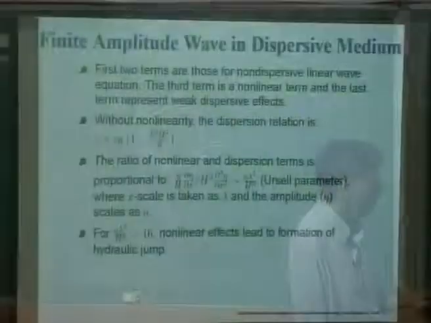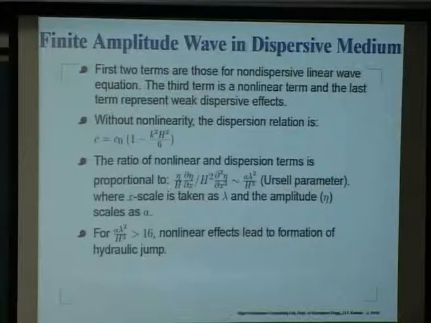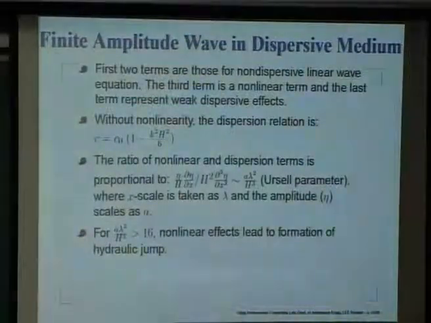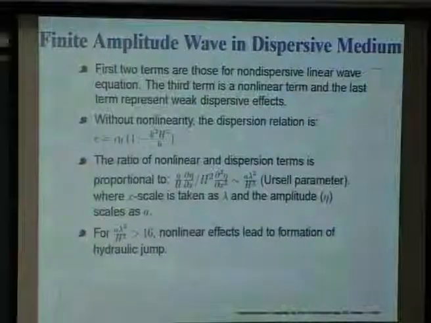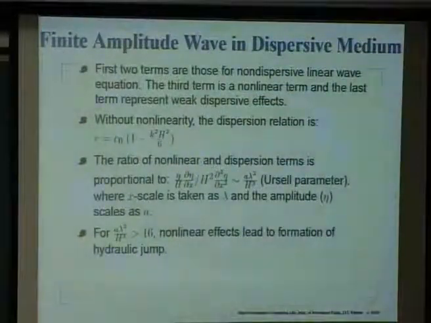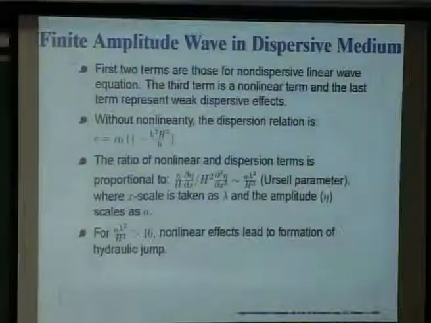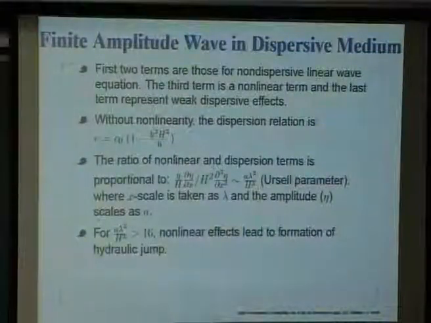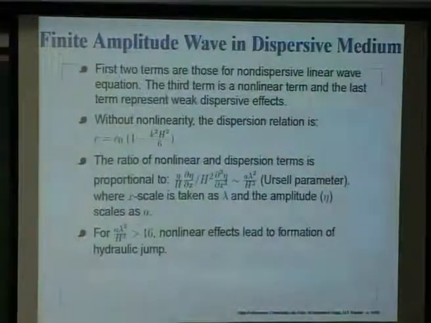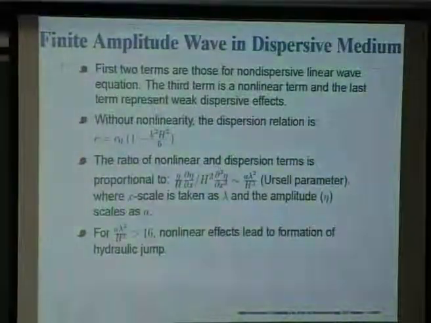Then you can look at an order of magnitude analysis. This will give you something like a times a, and there is a downstairs. So, you get only a, and these two coming together will give you h cube, and then you have these terms, there is an h square and there is this. Overall you are going to get a parameter which is called the Ursell parameter, given by a lambda square by h cube. Now, when this parameter is greater than 16, implying the nonlinearity is quite strong, then you get what is known as a hydraulic jump.